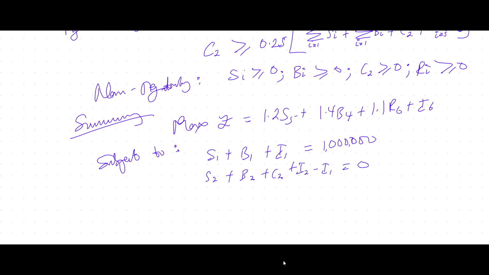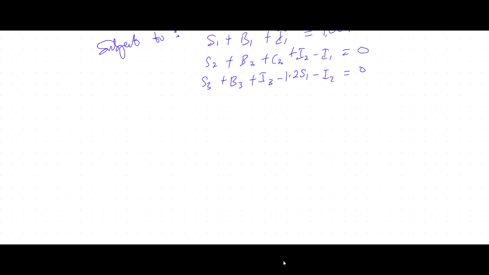So you try to bring it in the general form of the LP. B3 plus I3 minus 1.2 S1 minus I2 is also equal to 0. S4 plus B4 plus I4 minus 1.2 S2 minus 1.4 B1 minus I3 is equal to 0.